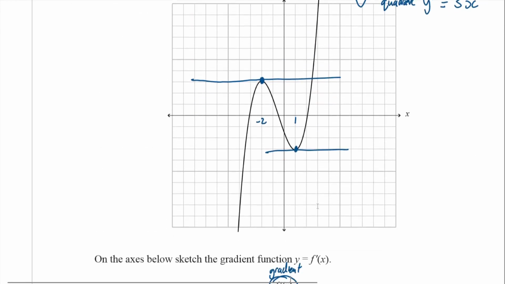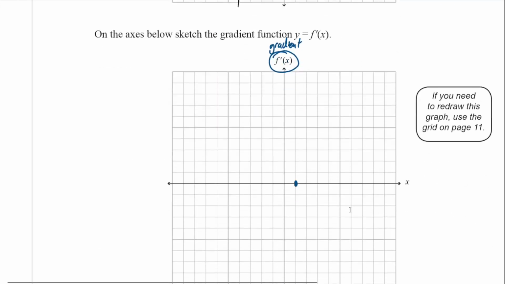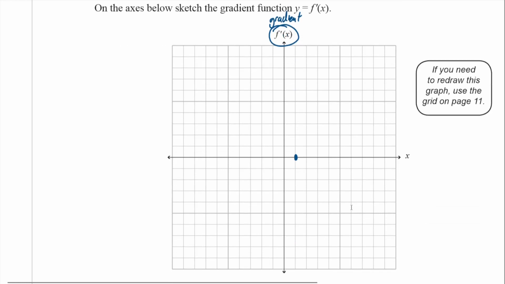So back to our sketch up here, when x is 1, the gradient is 0, because it is a turning point. Similarly, when x is -2, the gradient is also 0. So on our derivative, our gradient function, x is -2, the gradient, right, the y value, or the f prime of x value, is 0.